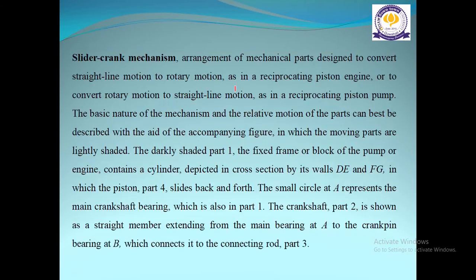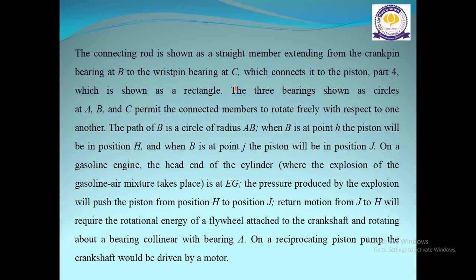The connecting rod is shown as a straight member extending from the crankpin bearing at B to the wrist pin bearing at C, which connects it to the piston part 4, which is shown as a rectangle. The three bearings shown as circles at A, B and C permit the connected members to rotate freely with respect to one another.